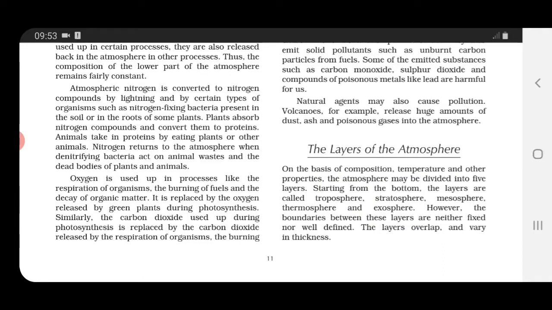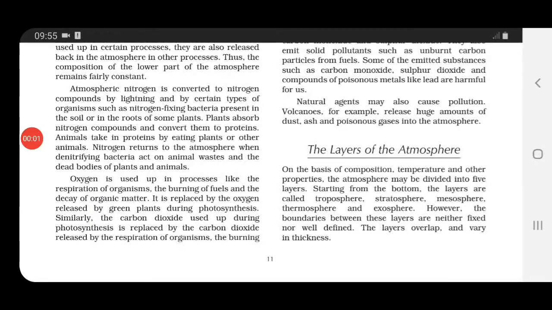By the process of photosynthesis, the green plants released oxygen in the air. So now did you understand? It became constant, okay? Use up भी हो गई पर वापस replace भी हो गई. Okay, so again read out that particular two sentences, then you will understand it more clearly. Next, see what they are telling.